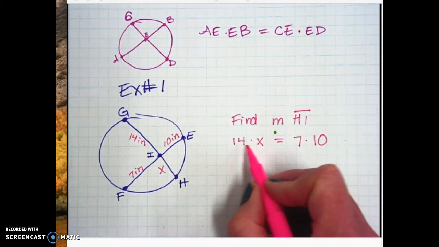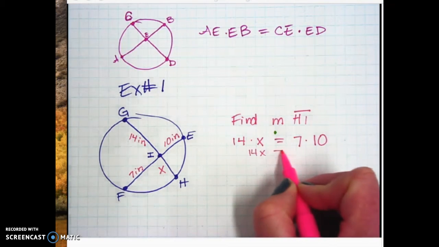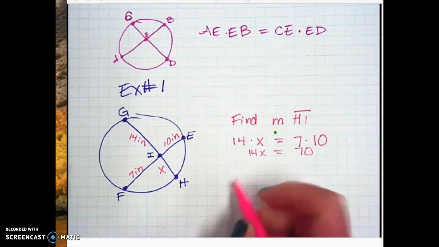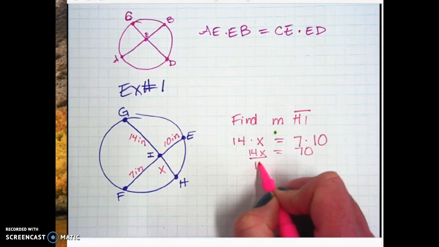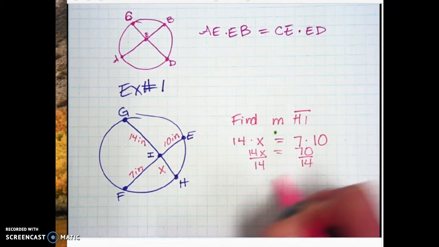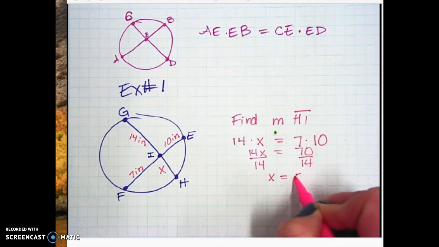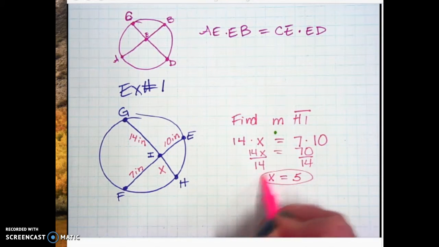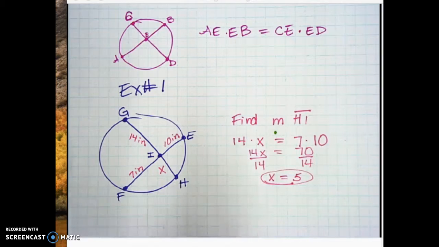And then I'm just going to simplify. So this is 14x equal to 70. Divide both sides by 14. Punch it in the calculator. I got 5. Okay. X is equal to 5.